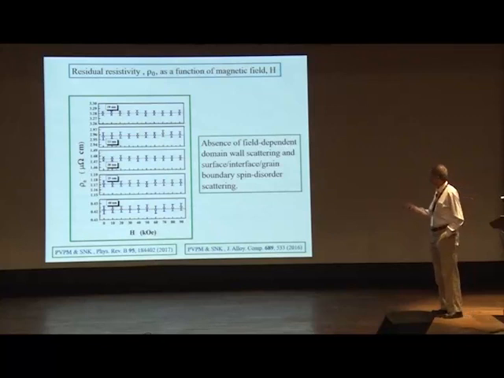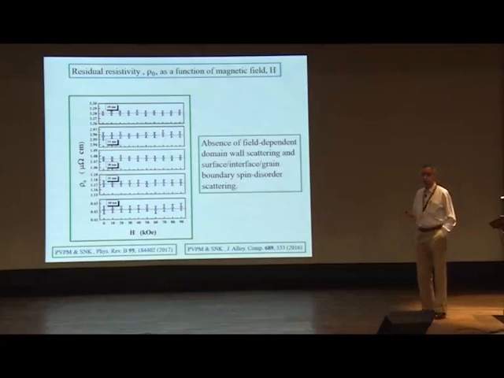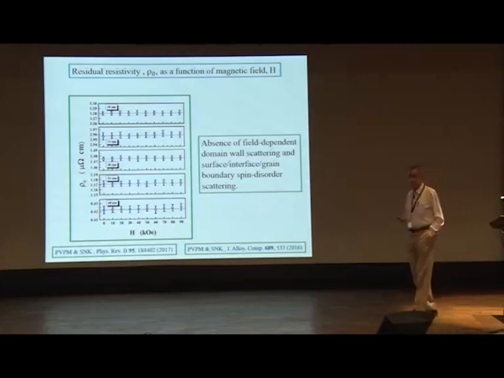Now we have also measured this residual resistivity as a function of field. So one might wonder what this residual resistivity, which I said is coming basically from imperfections and impurities. But it so happens that at absolute zero, if you have a multi-domain sample, then domain walls can give rise to spin scattering, because in the domain walls the spin orientation is changing continuously.